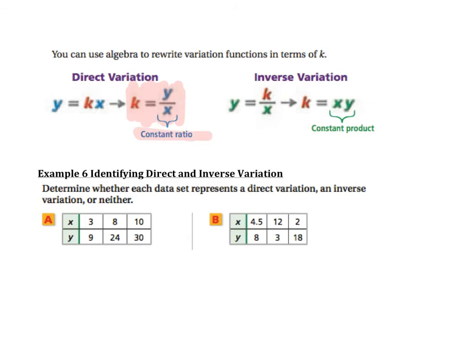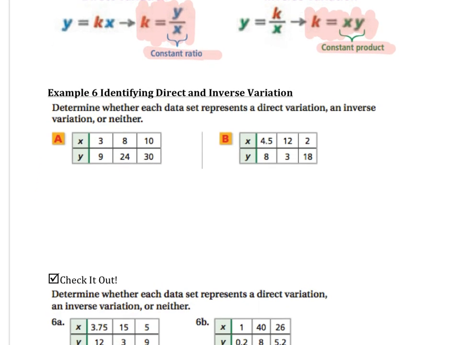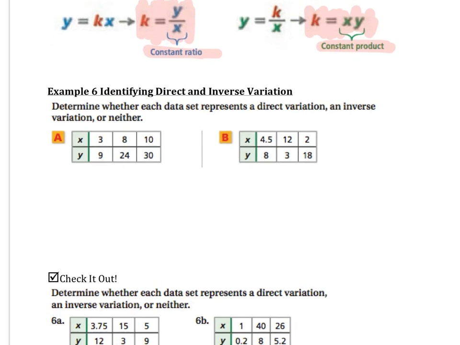And if I rearrange my inverse, my K is going to be a constant product. So when you're given data and you want to determine if there's a variation, you see if you have a constant ratio by dividing them, Y divided by X, or a constant product, multiply them.